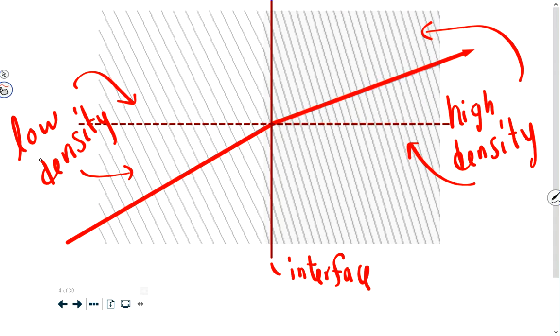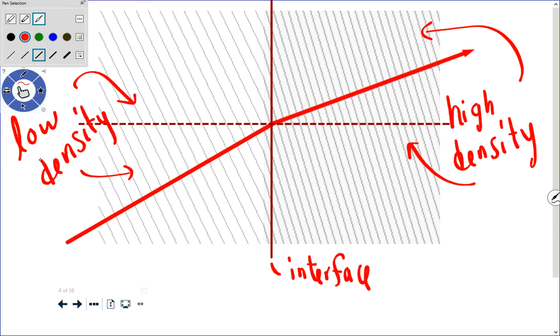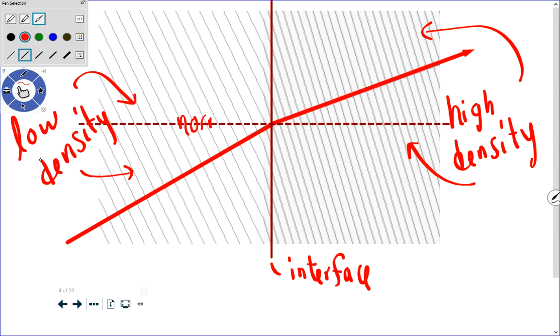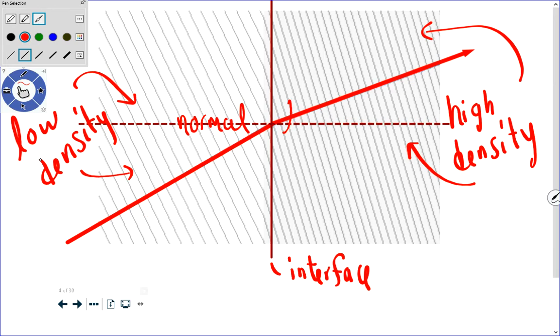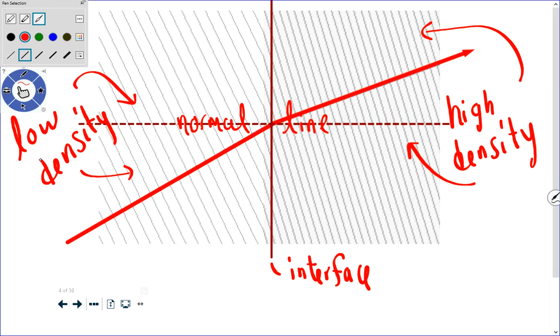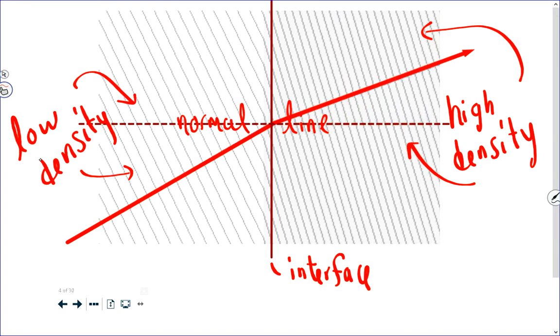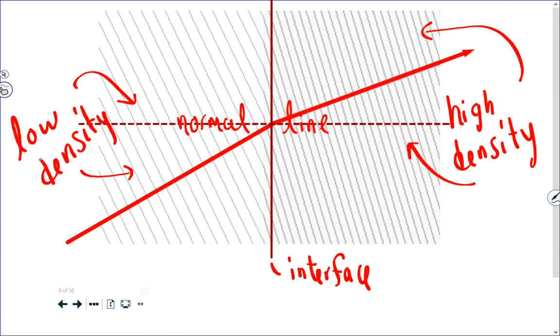The dotted line in the middle is called the normal line. In mathematics and science, the word normal means perpendicular to. So the normal line is a perpendicular line to the interface or boundary separating the two media.